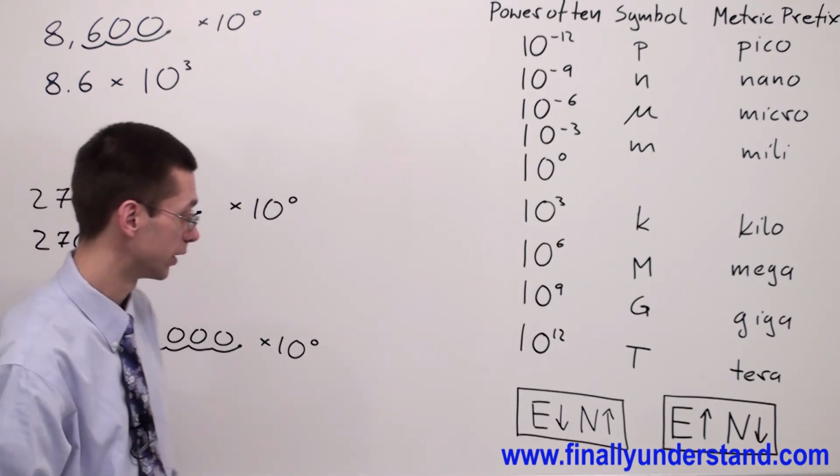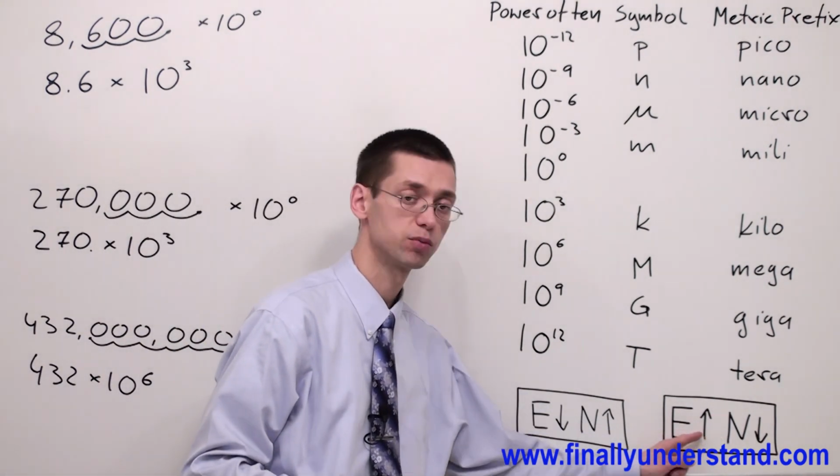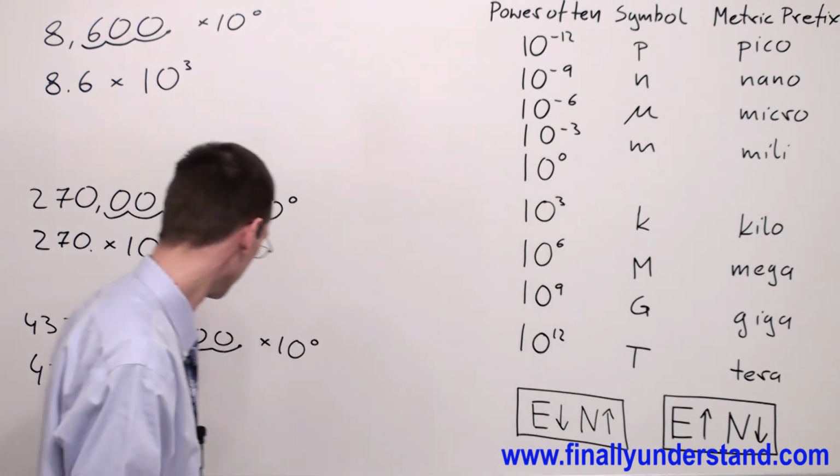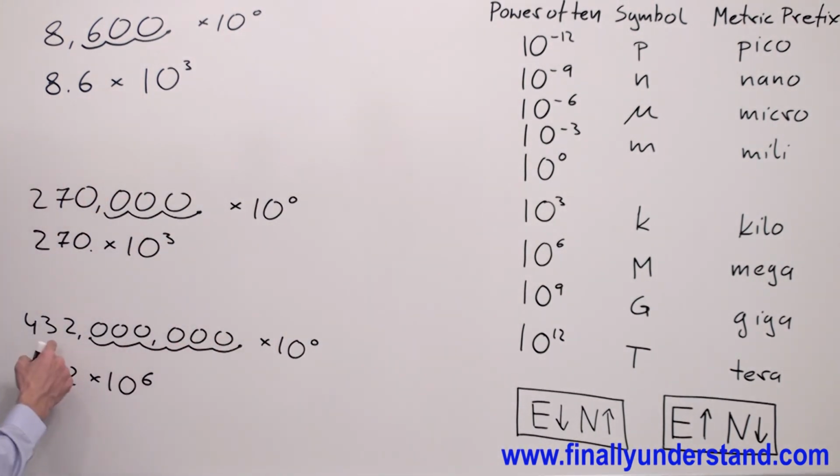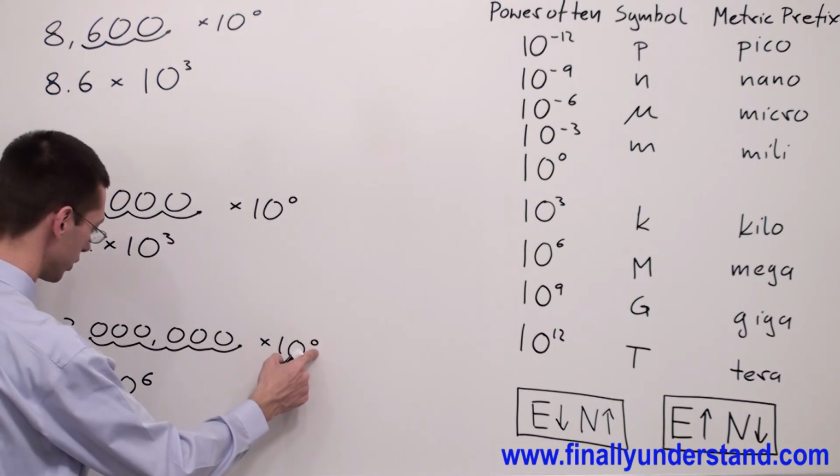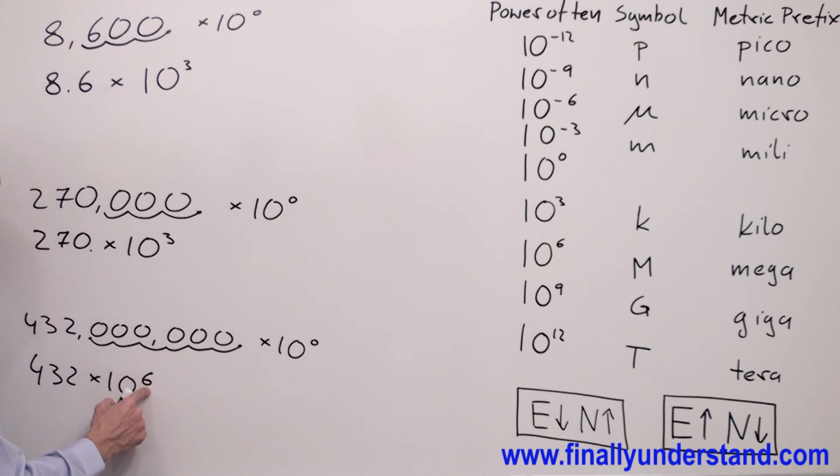Why? Because when a number is getting smaller, the exponent has to get bigger. My number got smaller. Before I had 432 millions. Right now I have just 432. And before I had exponent 0, it has to be compensated by exponent 6. So this is the solution to my problem.